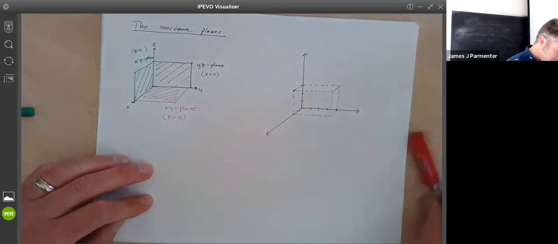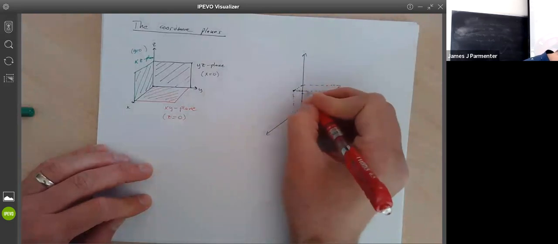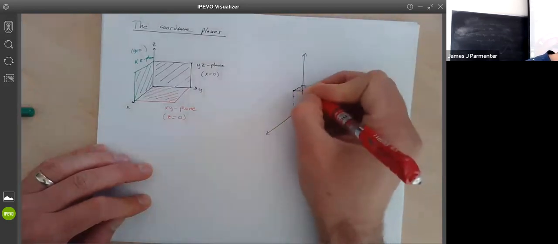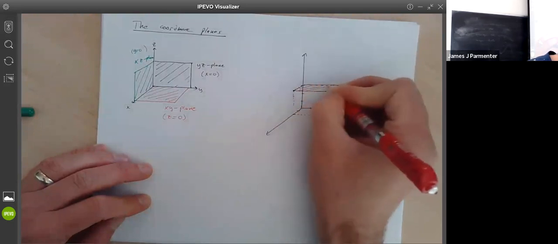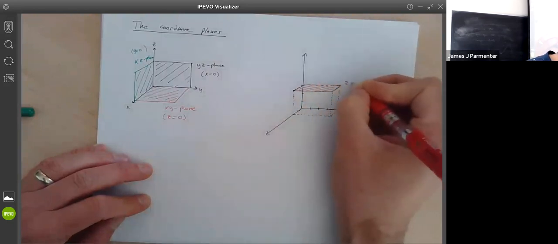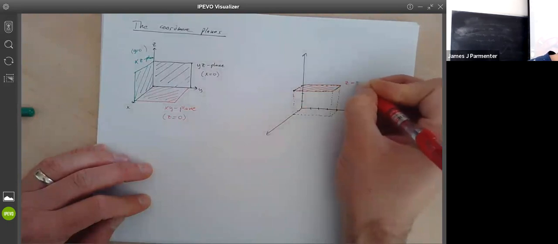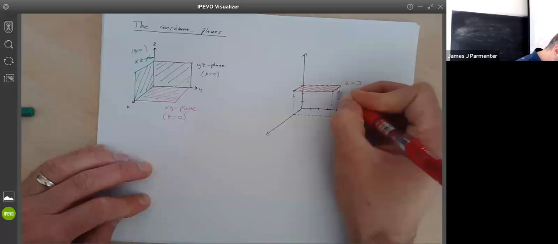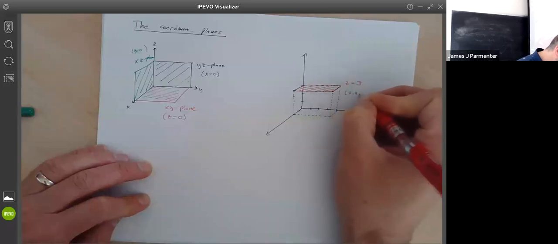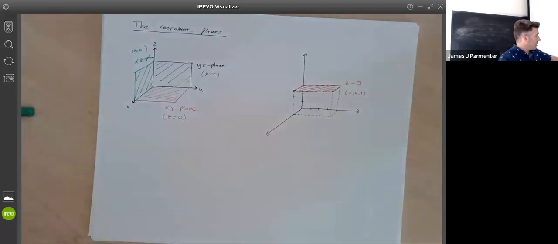This top plane here is the plane z equal to 3. This is the point here, 2, 4, 3, so everything in that plane is at a height of 3. So z is 3.